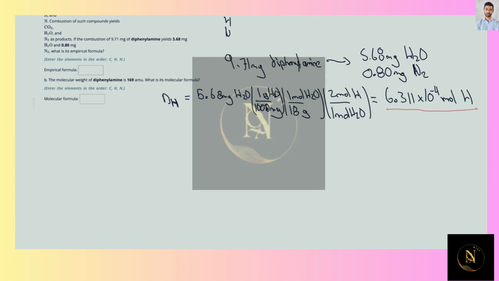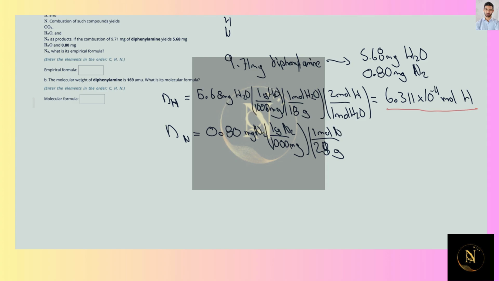In addition to that, we know the amount of mole of nitrogen contained in the molecule is going to be equal to 0.80 milligrams of N2, the same conversion factors. 1000 milligrams is 1 gram of N2. In the case of nitrogen, we know that N2 is going to have a molecular mass of 28 grams per mole.